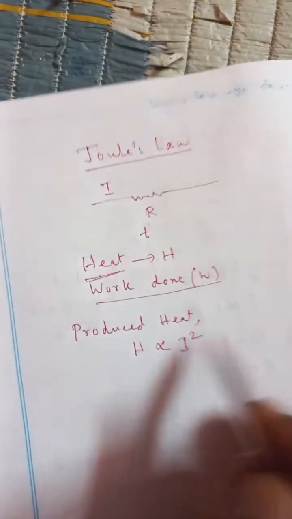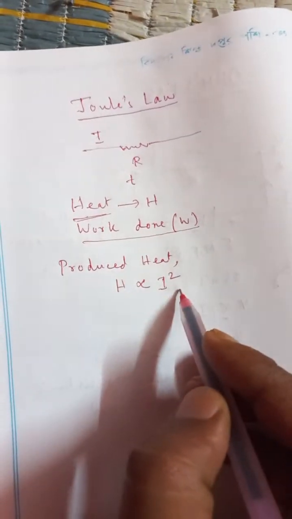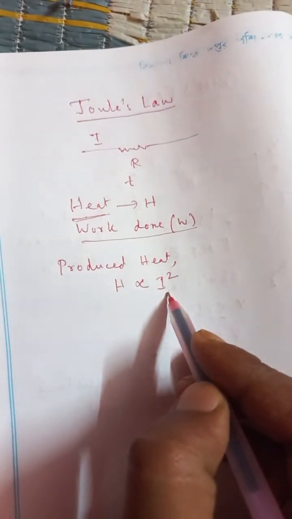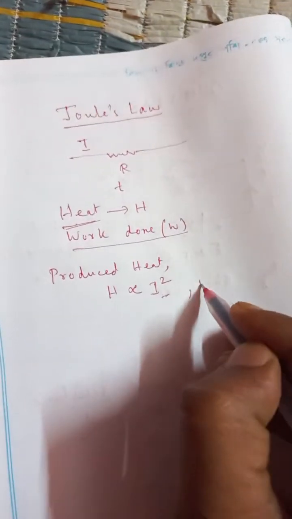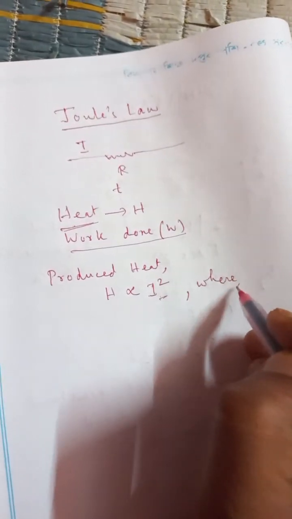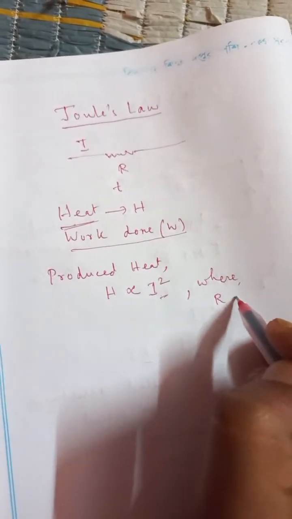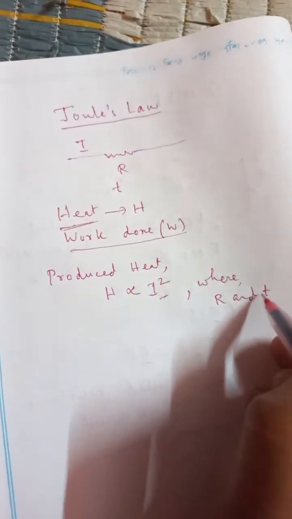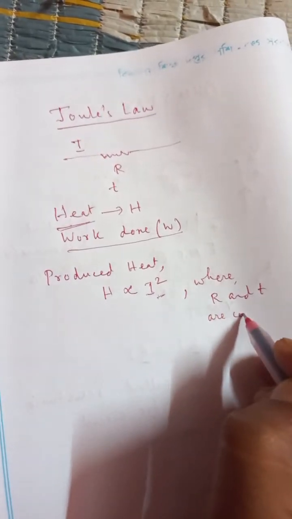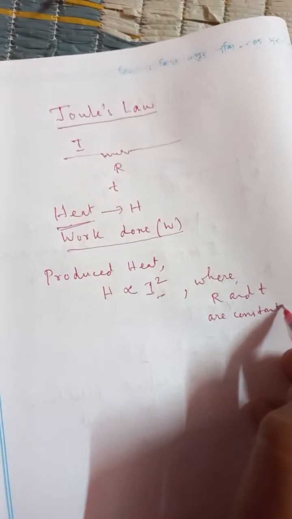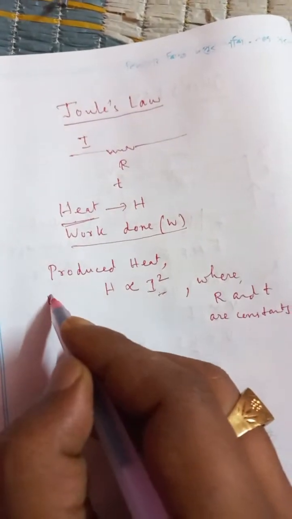So the heat produced is directly proportional to the square of the current, where R and t are constants. This is the first law.